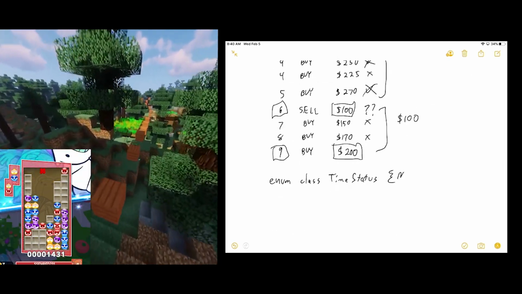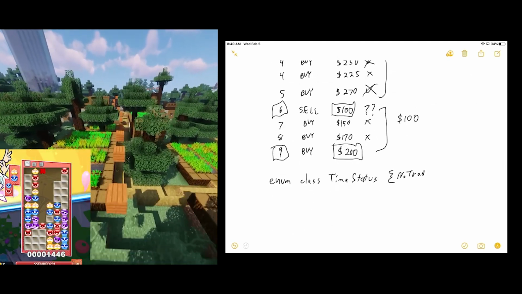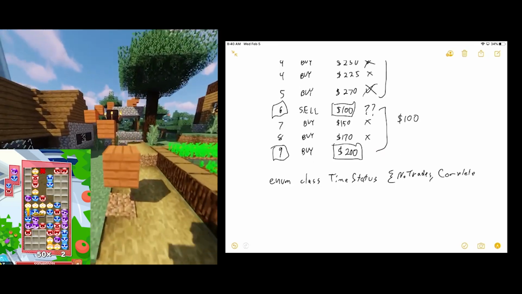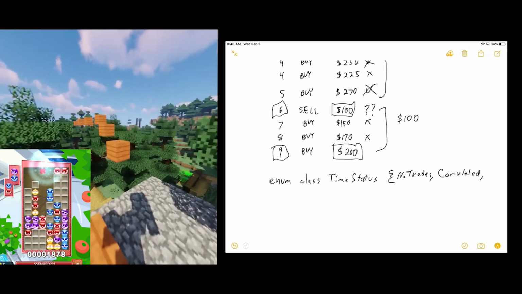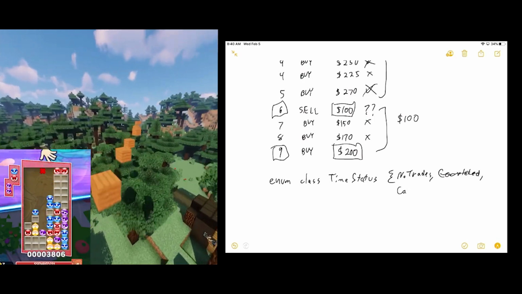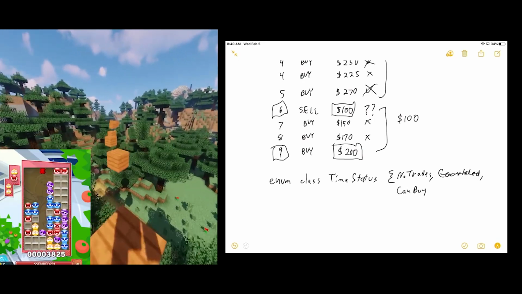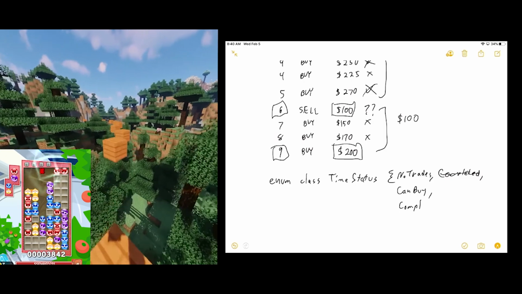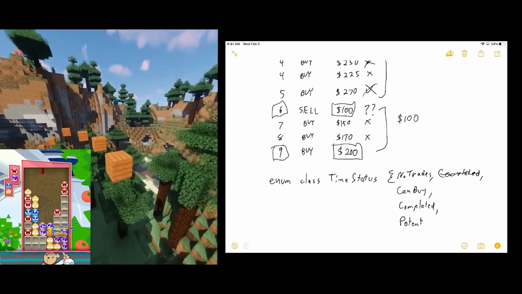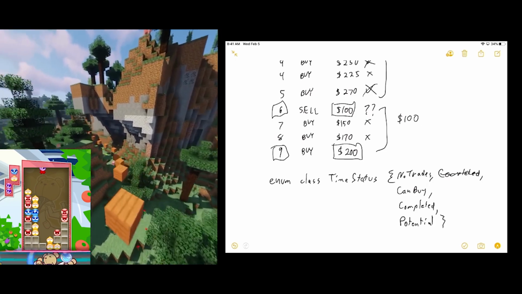So we could call this like no trades, completed, or actually I got out of order there, no trades, can buy, completed, and potential. Curly braces, semicolon.